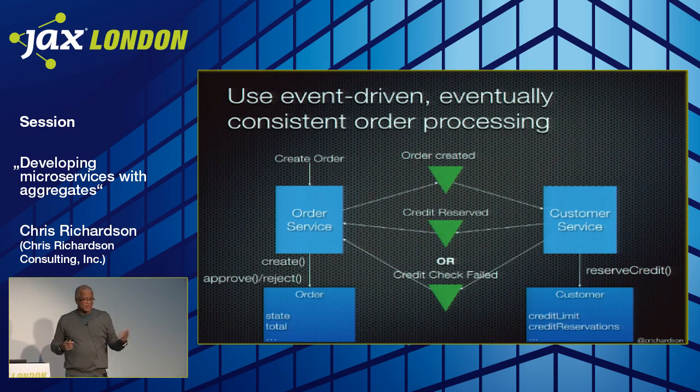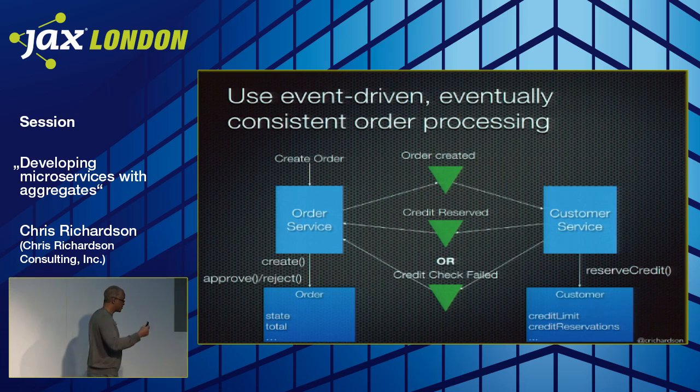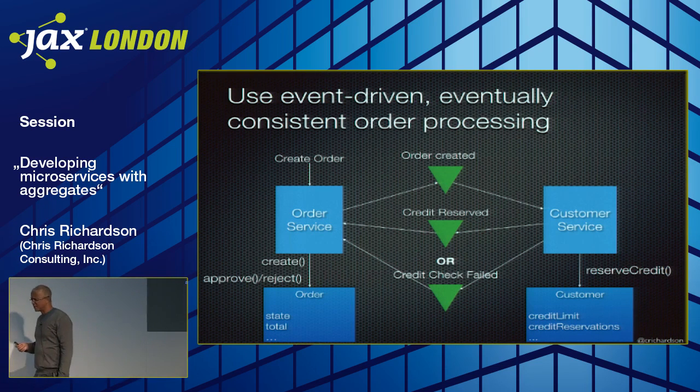And there's actually another word for this: saga. It's an alternative to a long-running distributed transaction, a sequence of steps where each step is triggered. Each step publishes an event that triggers the next step in the sequence. It's reminiscent of a workflow.